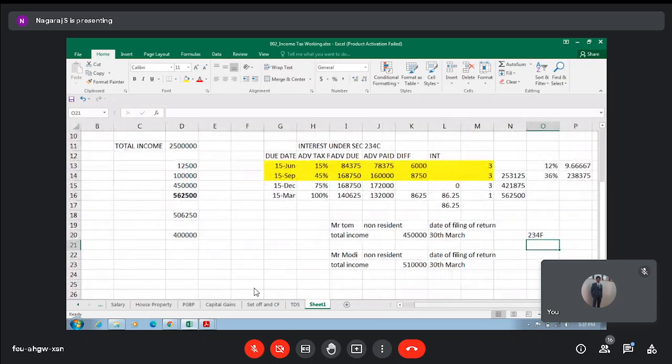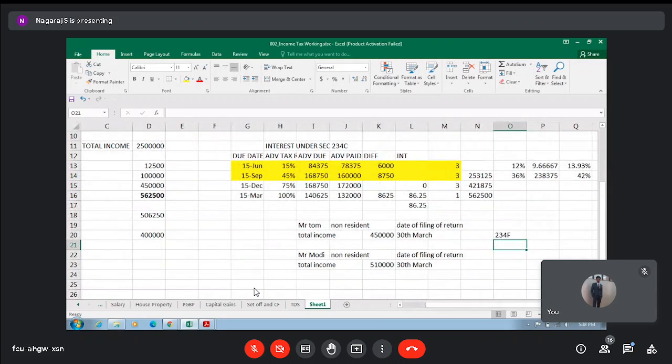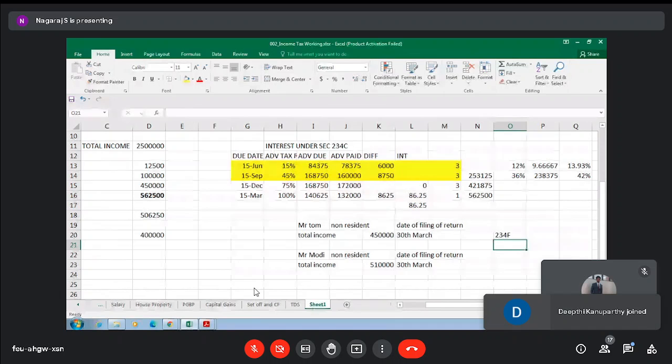$1,000. Why 1,000? I paid after it's below 4 lakh, 5 lakh. Below 5 lakh. Okay.